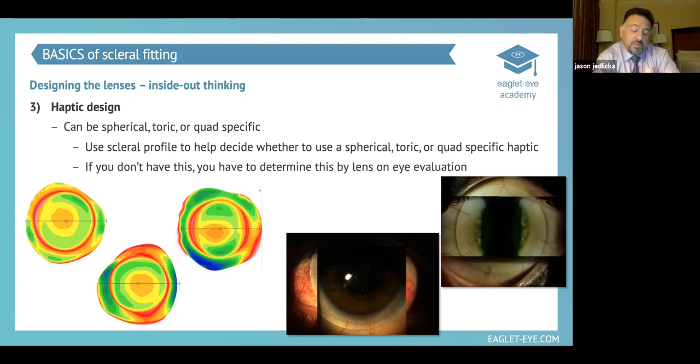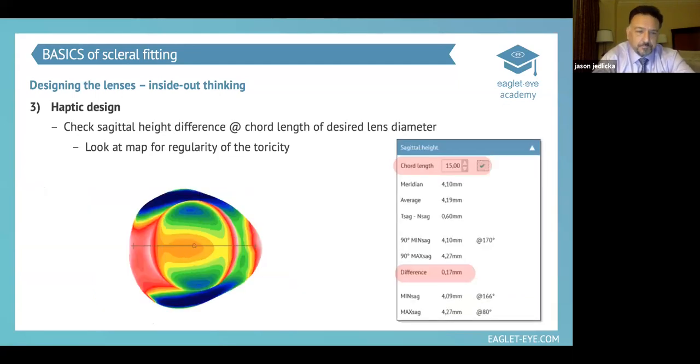Again, in the picture on the far right, we see a lens with edge lift horizontally. This is indicating, again, we probably need a toric haptic on this patient's eye. We just didn't know that until we put a lens on eye, unless we had scleral data, scleral profilometry information to understand that prior to placing the lens on the eye.